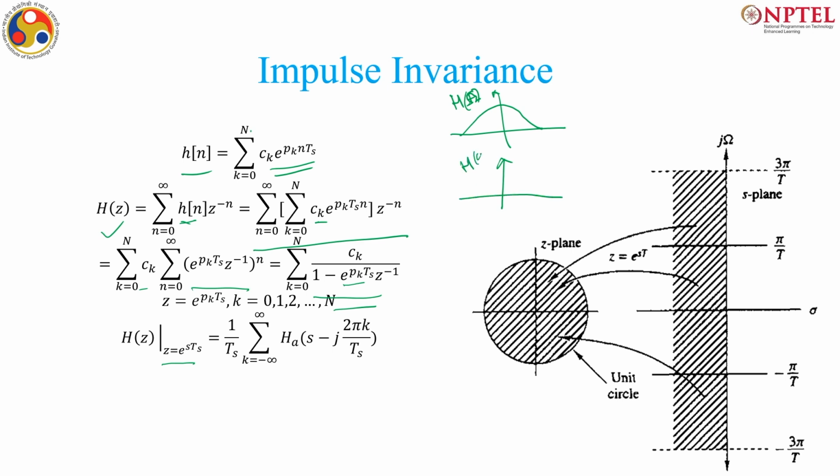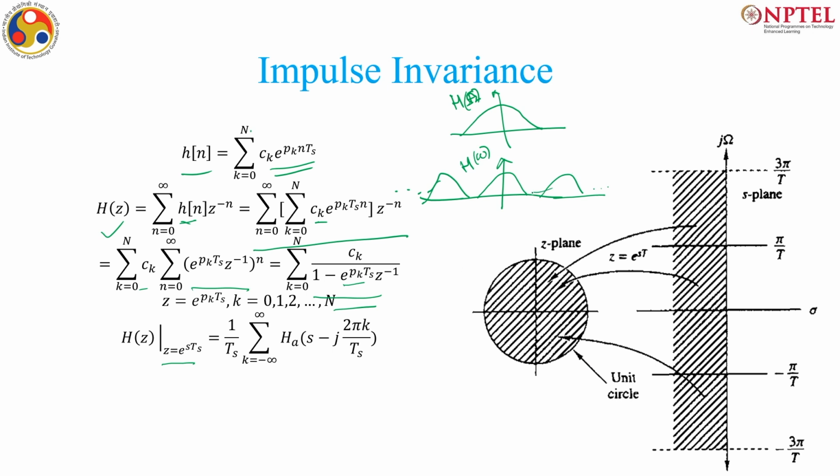We get h of small omega, which is basically the replica, and this is periodic with period 2 pi. So, sampling makes periodic replicas of my spectra, and that is why after one cycle, this is repeated, this is repeated, this is repeated.